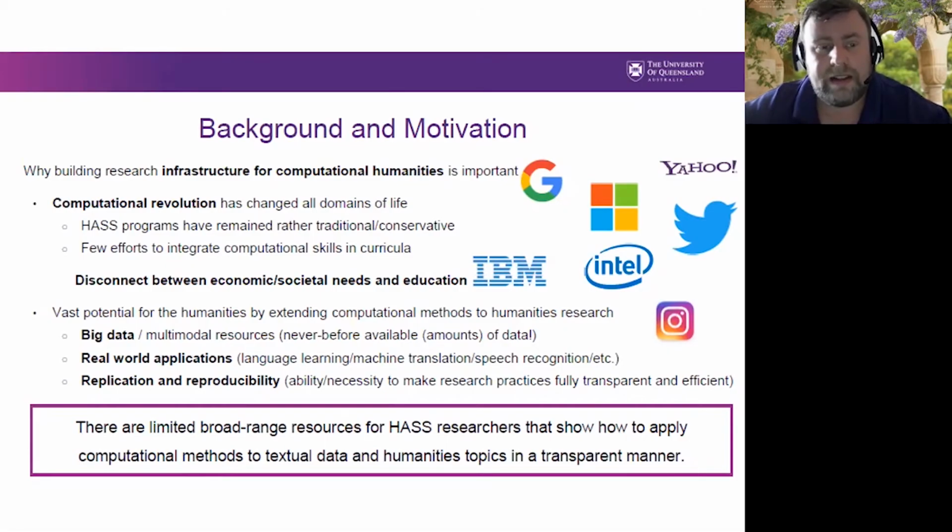Now, unfortunately, there are limited broad range resources for HASS researchers that show them how to apply computational methods to textual data on humanities topics, and that in a transparent manner. So the resources just are not there.